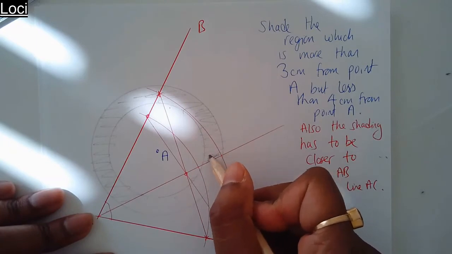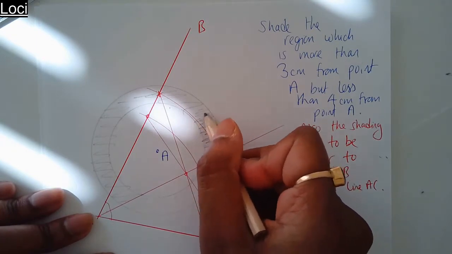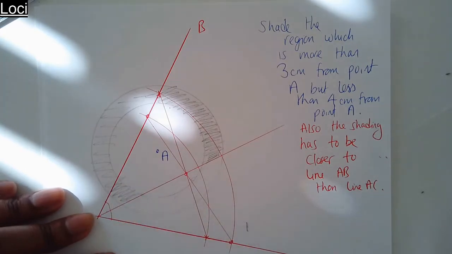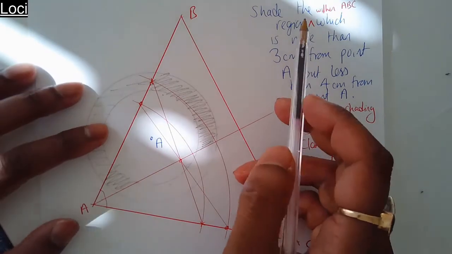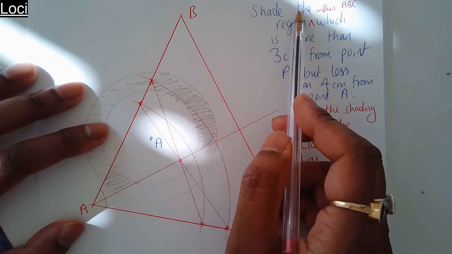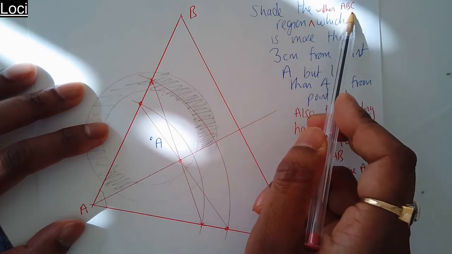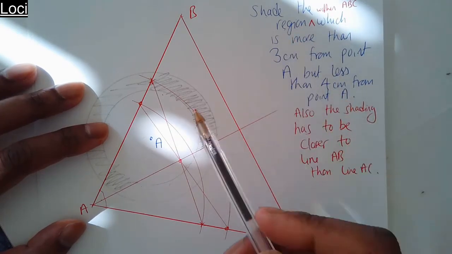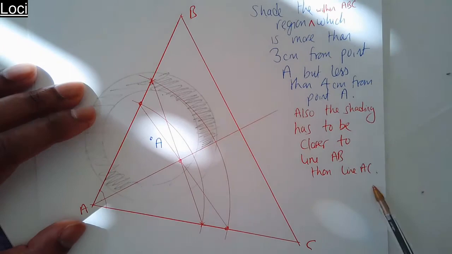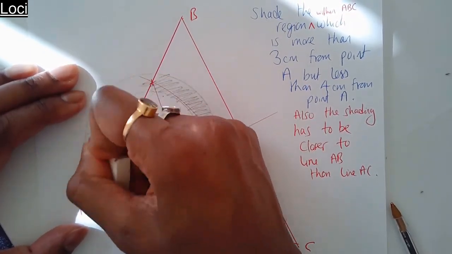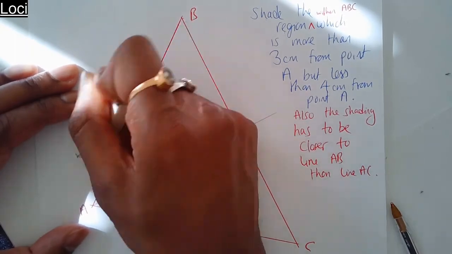So I've got all this now. So if I had to shade the region within triangle ABC, so within this triangle, that means this is irrelevant now. All of this is irrelevant.